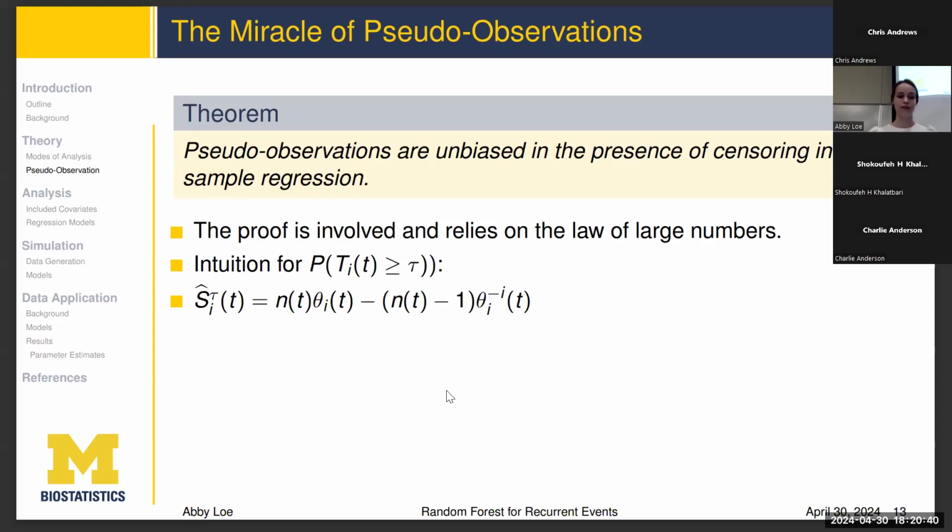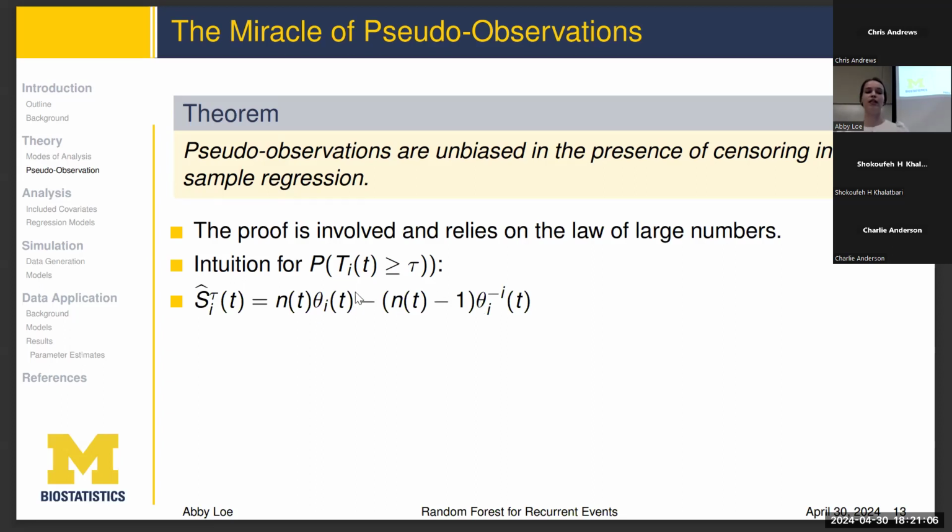So this is the definition of a pseudo observation. And we know that our Kaplan-Meier estimate is roughly unbiased for survival probability. And so if we think of people at risk at time t, because our population might change over time, the number of people might get smaller because of censoring. So say n of t is the number of people at risk, n of t minus 1.